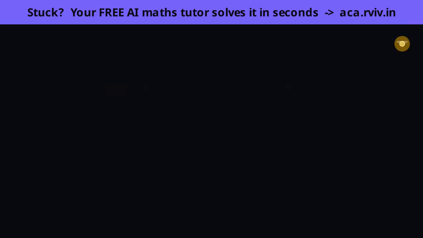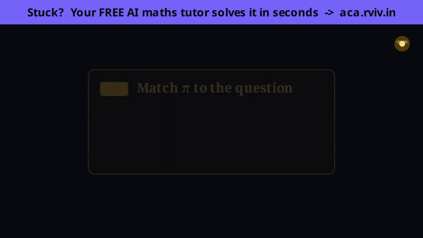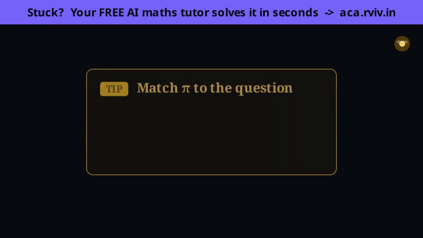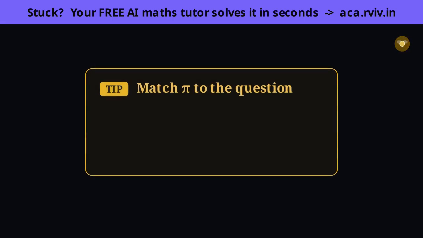Choosing pi wisely can save you a page of messy arithmetic. Here's the reasoning. 22/7 has a 7 on the bottom, so when the radius is a multiple of 7, like 14, 21, 28, that 7 cancels and you land on clean whole numbers.